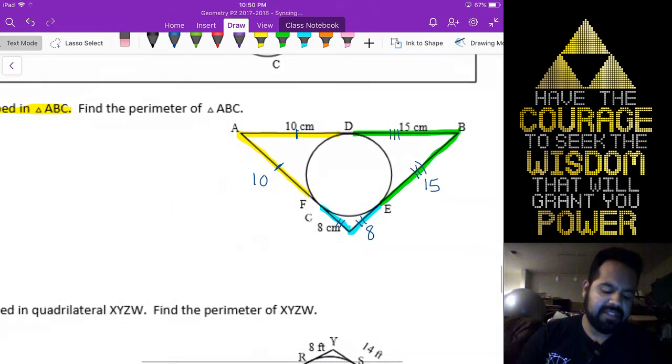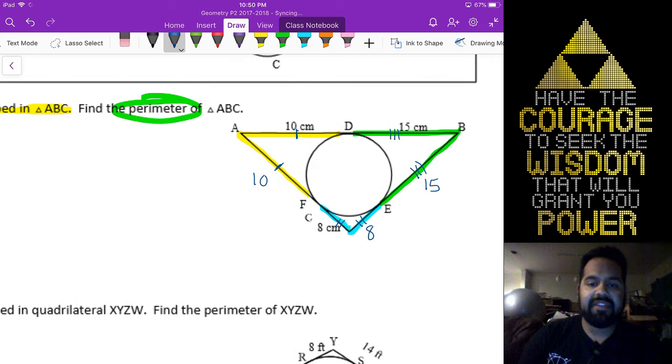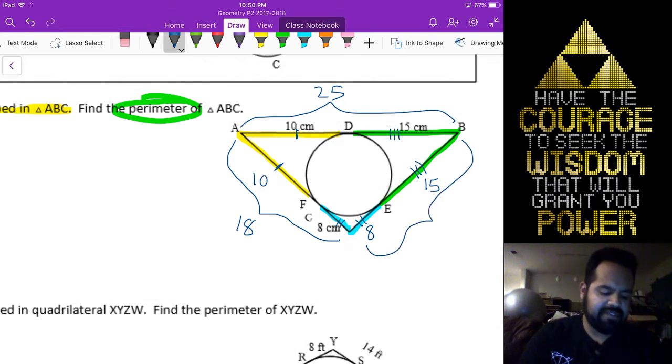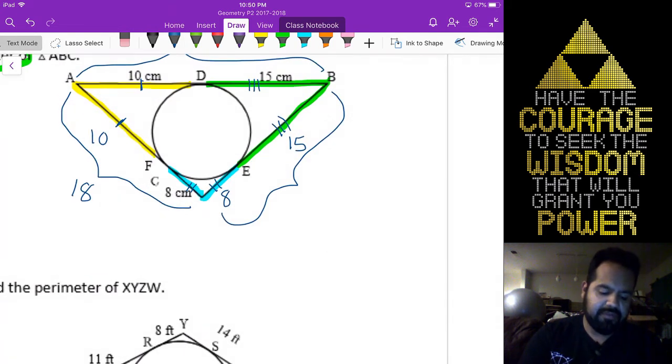Now, in terms of the context of the question, it says find the perimeter. So that means I'm going to do 10 plus 15 to give me 25. 10 plus 8, which is 18. And lastly, 15 plus 8, which is 23.